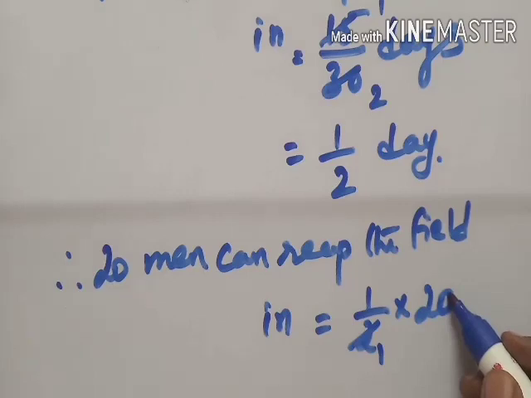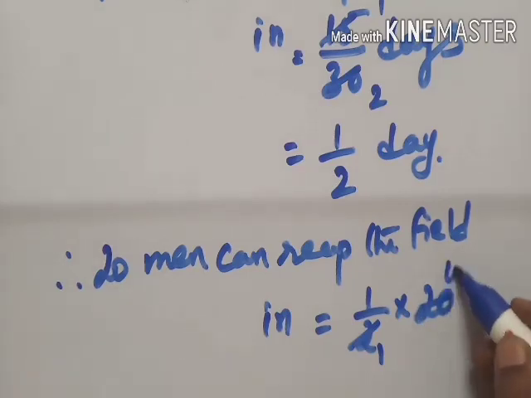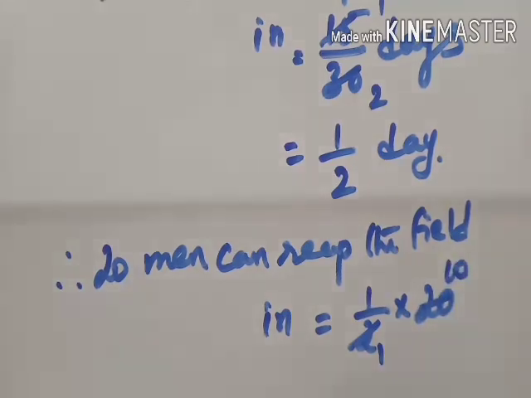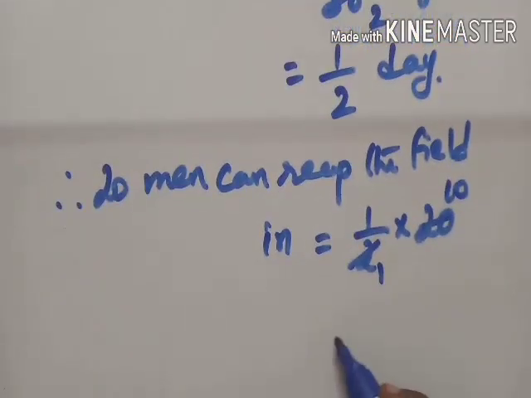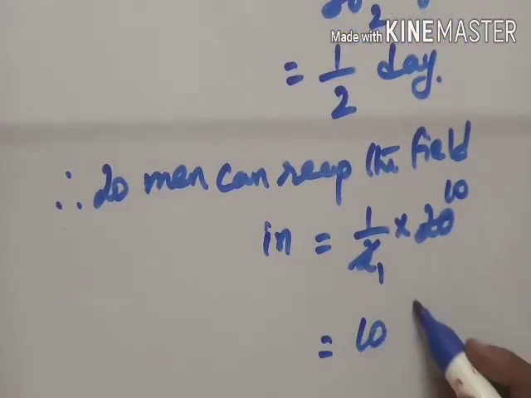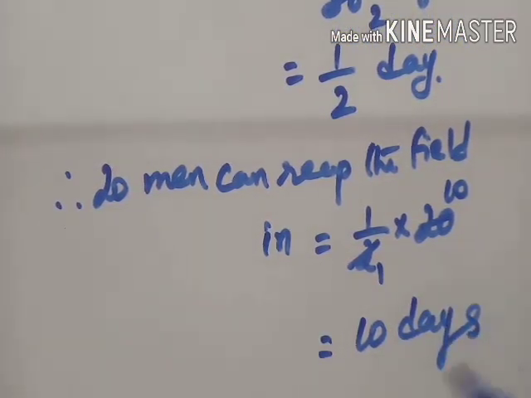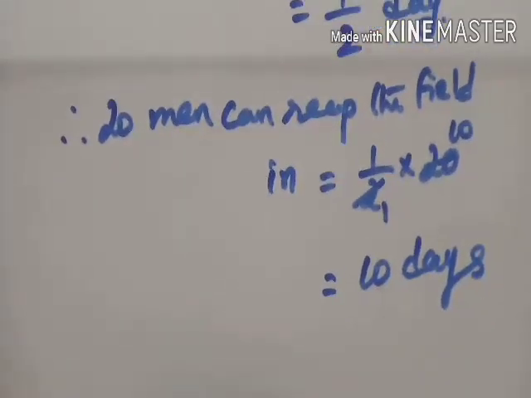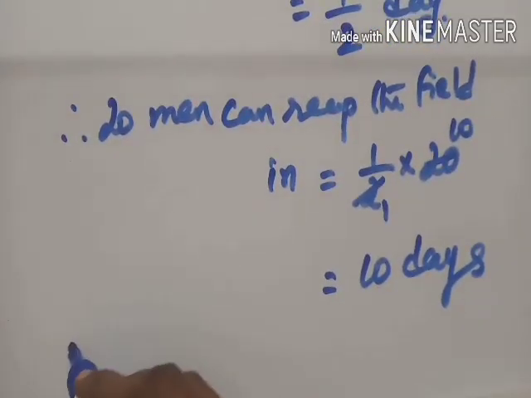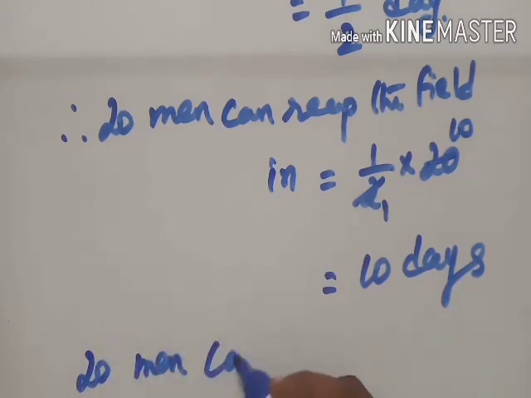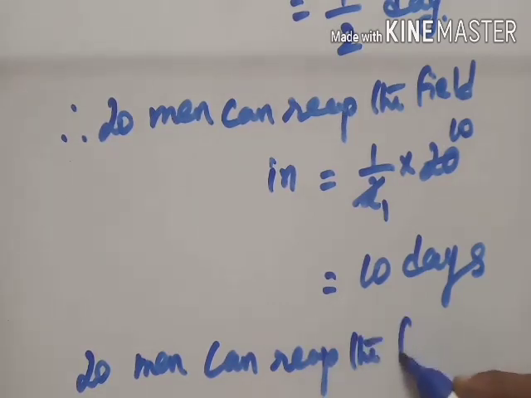How many 2s will make 20? 10 2s are 20. So, that is equal to how many days? 10 days. So, 20 men can, at last you take and write the answer: 20 men can reap the field in 10 days.